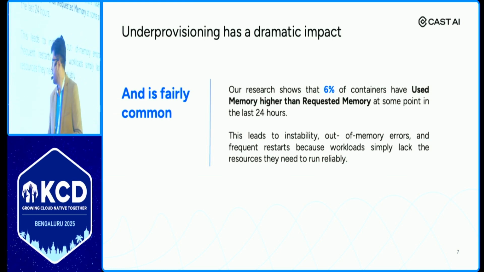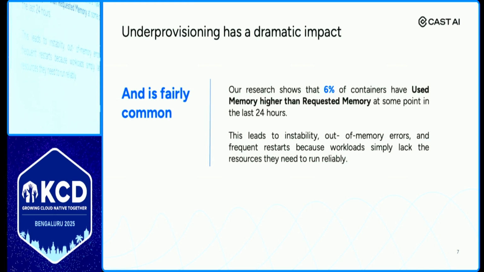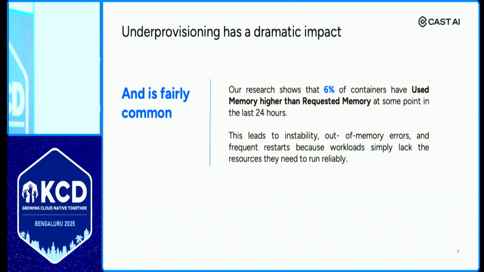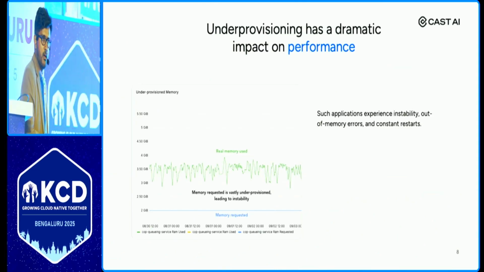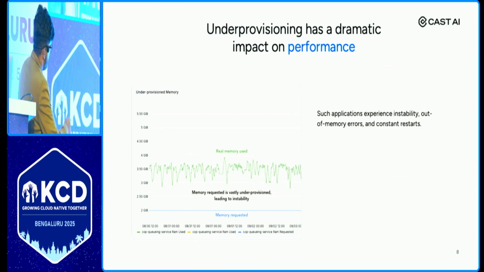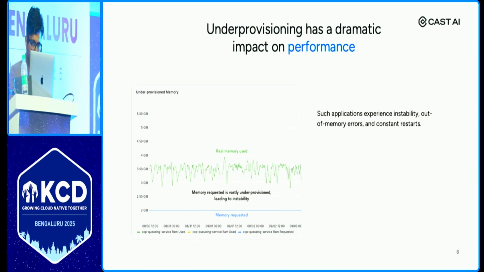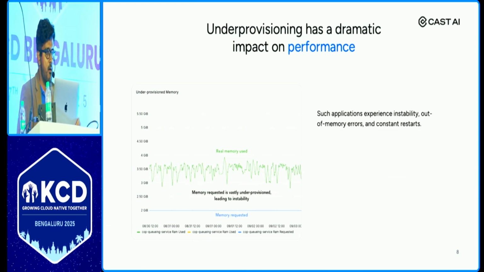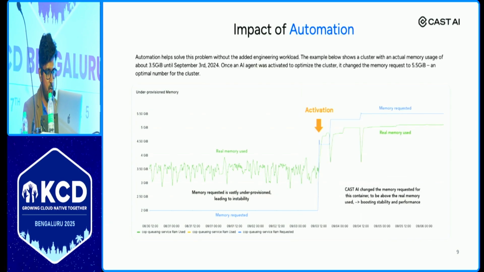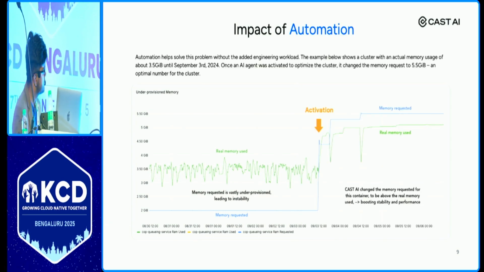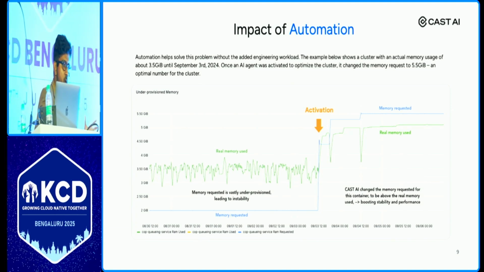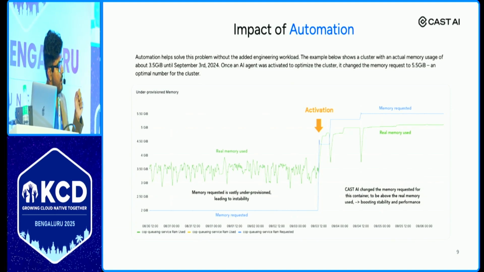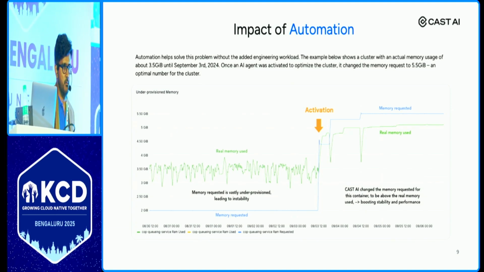So let's understand the use case here. There was an application where the real usage, the green one, was a little high, but the memory requested was very low. We enabled the automation on this, and boom, it settled at a very high level. This application was forcefully pressured not to perform.